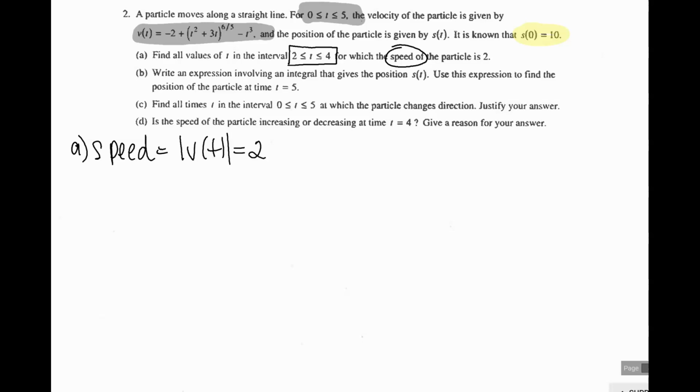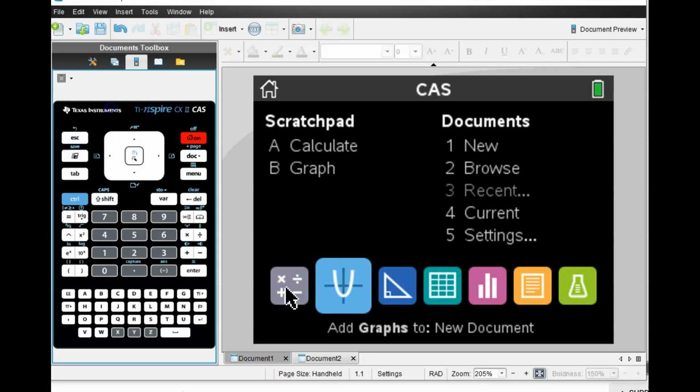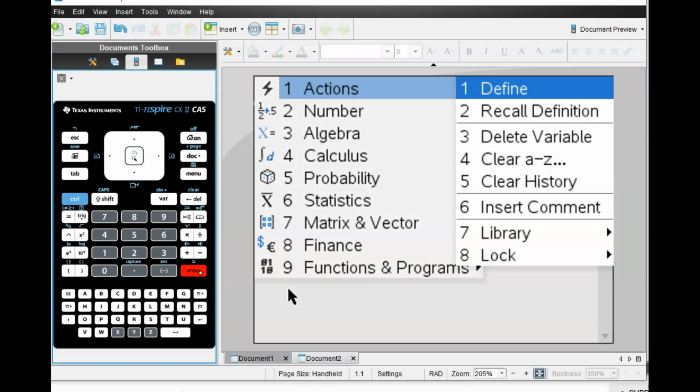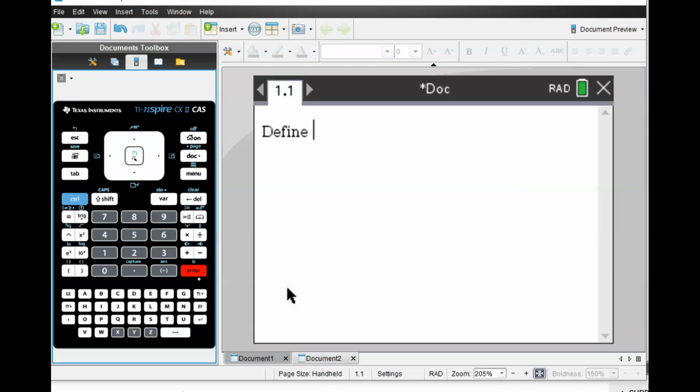that equal to 2. So in my calculator, before I do anything else, I'm actually going to define it. So menu, actions, define. And this one is really ugly, so make sure that you are as accurate as possible when you're typing it in.